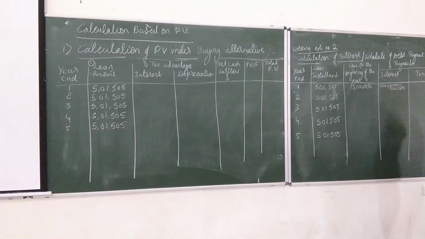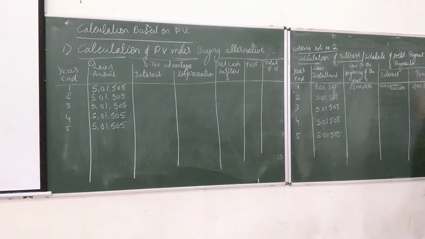What is the left out amount? Out of the installment, 3 lakh rupees we are paying towards interest. The left amount, 2 lakh 1,505, we are paying towards the principal amount. So what was the principal at the beginning of the year? 15 lakh. Out of 15 lakh, we have repaid 2 lakh 1,505.